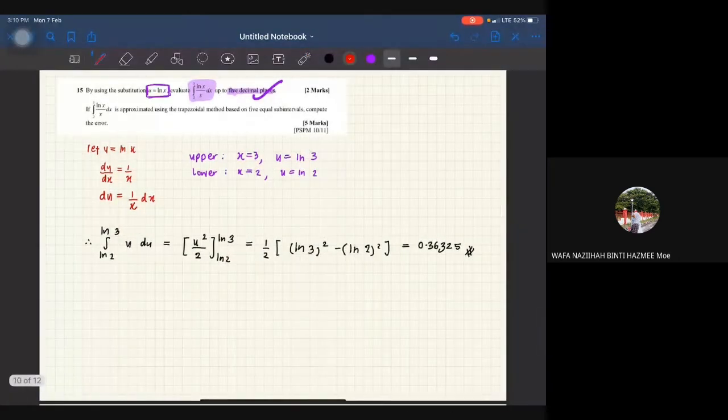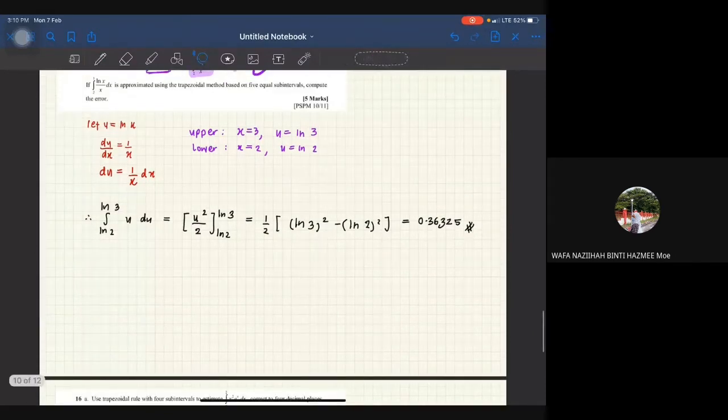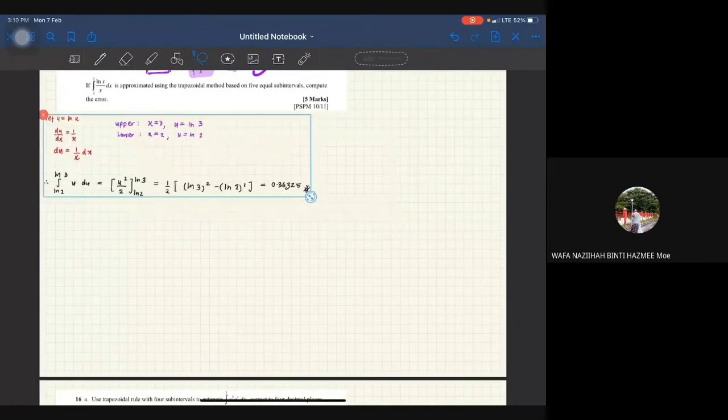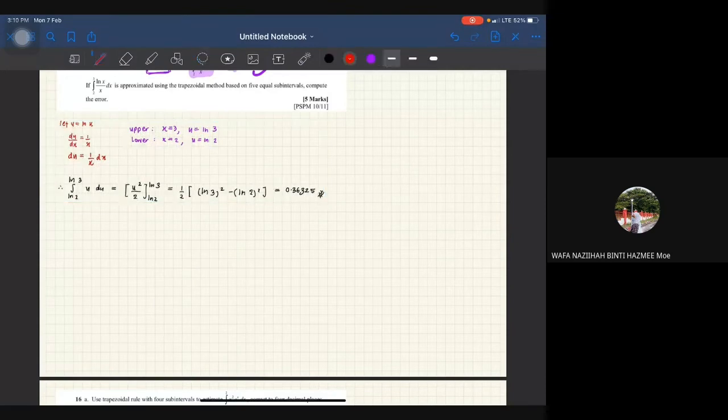Okay, so approximate using the trapezoidal method. So saya kecilkan design. Ini size. Duduk kat atas.